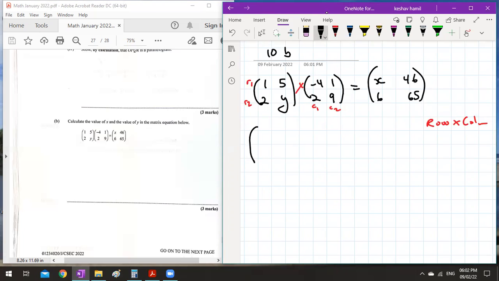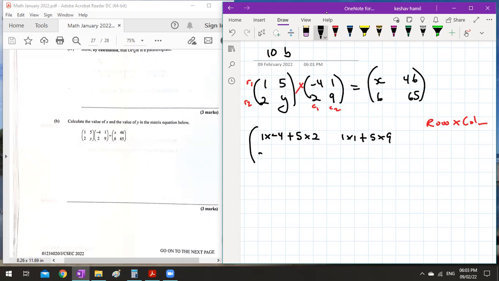So we'll have 1 by negative 4, add 5 by 2. And in this case, it's supposed to be equal to x. I will not go there as yet. Then we have row 1 by column 2, which is 1 by 1, add 5 by 9.